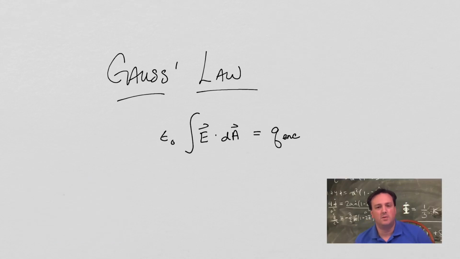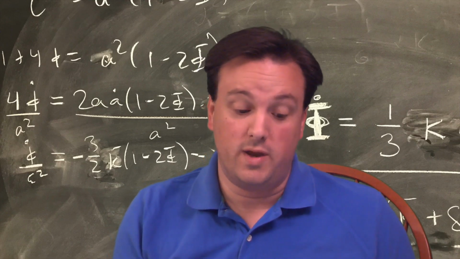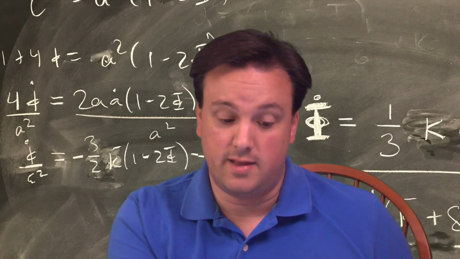And that's something that's known as Gauss's law. So if I draw any surface anywhere in the universe, and I integrate the electric field, and I should say in electrostatics, if I integrate the electric field over that surface, and I multiply it by epsilon naught, that's going to tell me how much charge is enclosed in that surface. And that turns out to be an awfully useful mathematical tool when it comes to calculating things in electricity and magnetics.